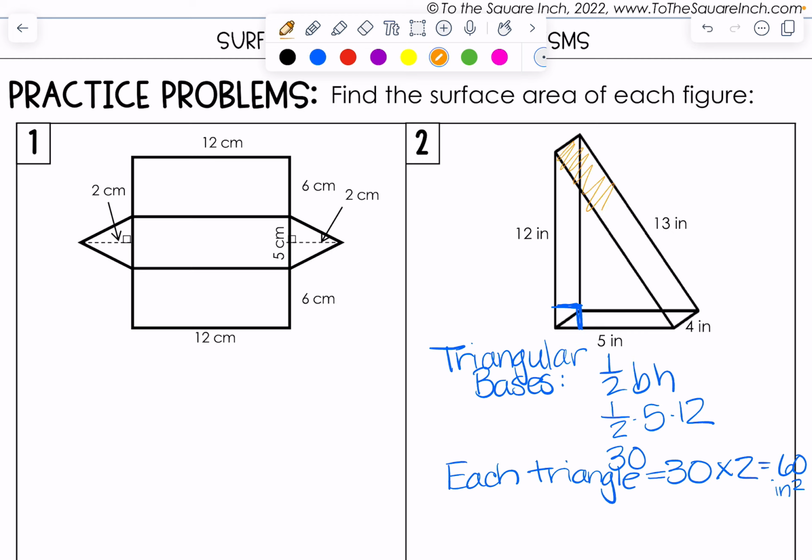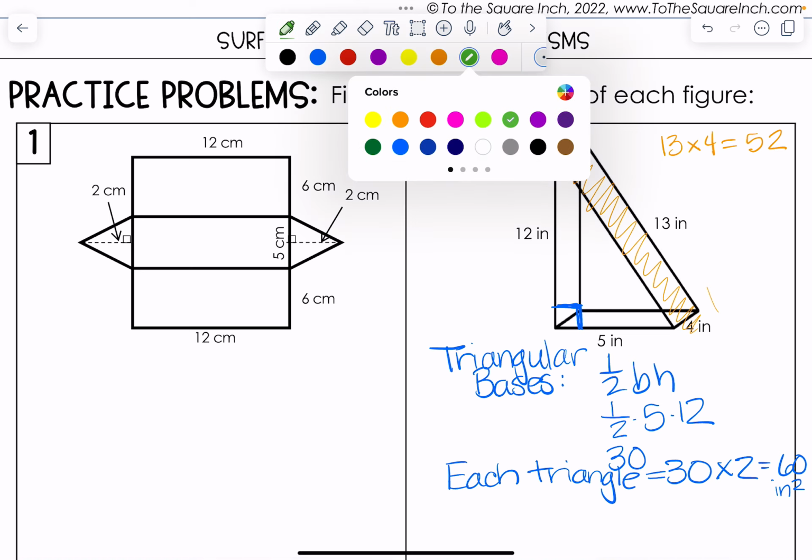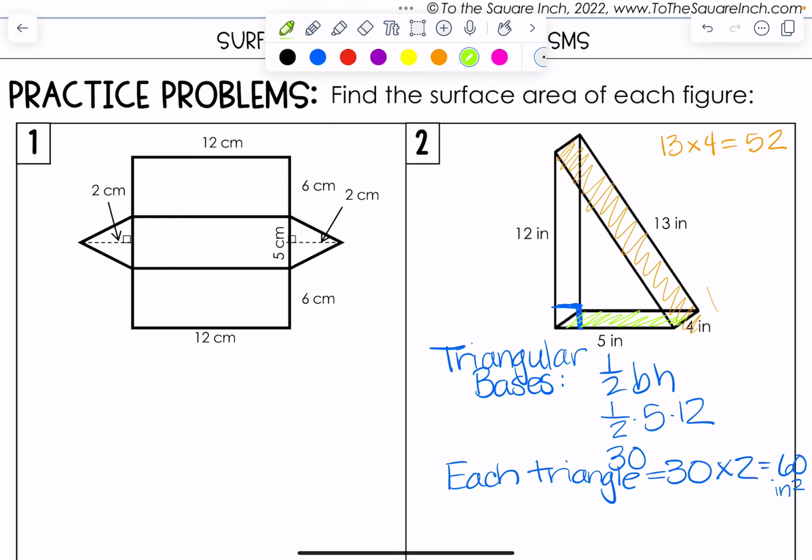So now I need to start looking at my rectangles. One rectangle I have is this orange one that I just shaded, so that would be 13 times 4. And when I multiply that, I would get 52. I'm also going to have this bottom rectangle. The dimensions of that are 5 times 4, which is going to be 20.